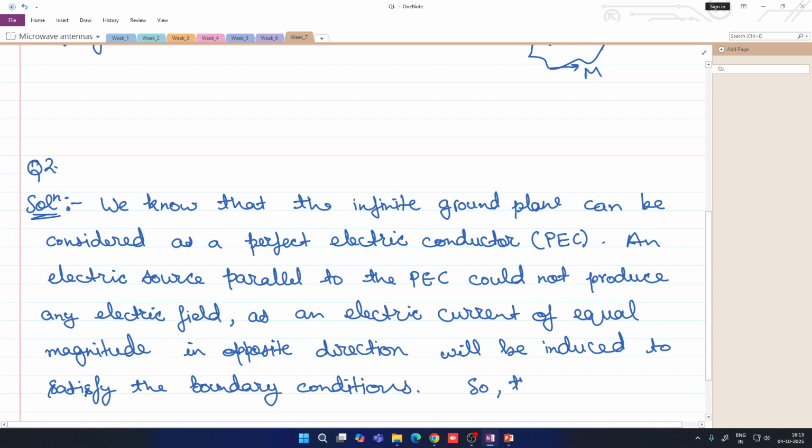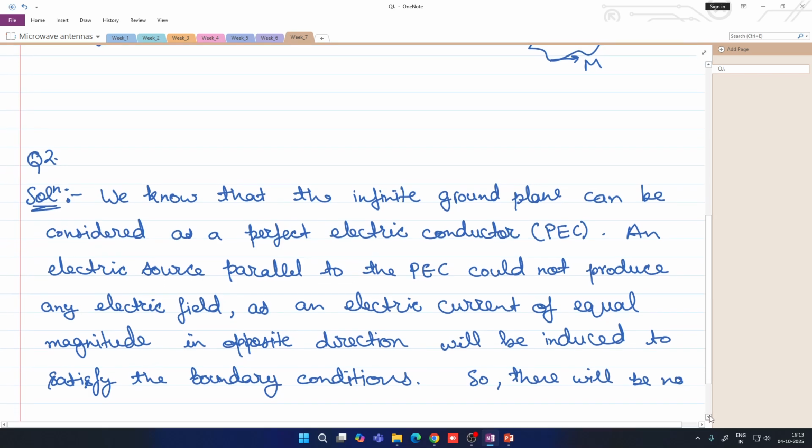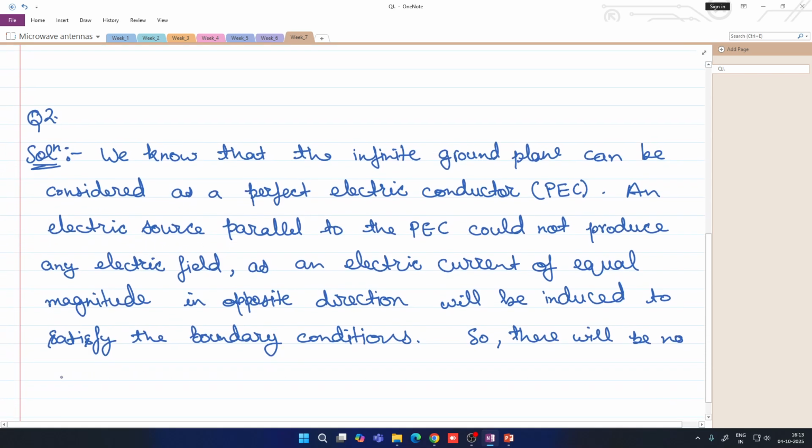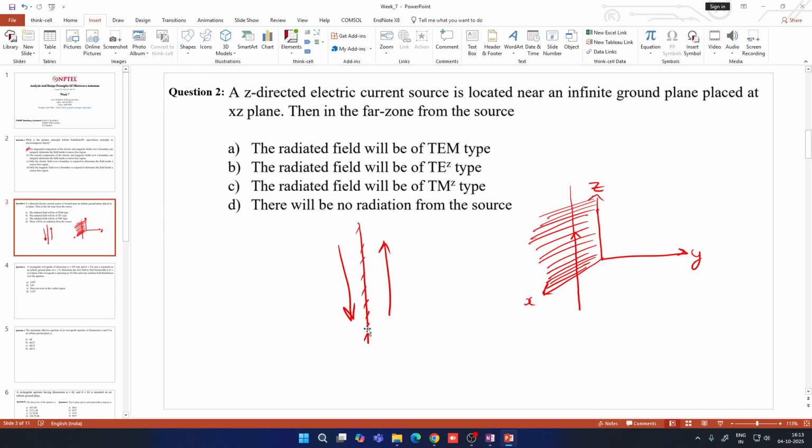Also, there will be no radiation from the source. So now if we match the options, then option D is correct.